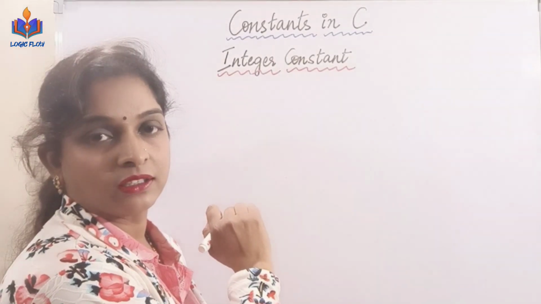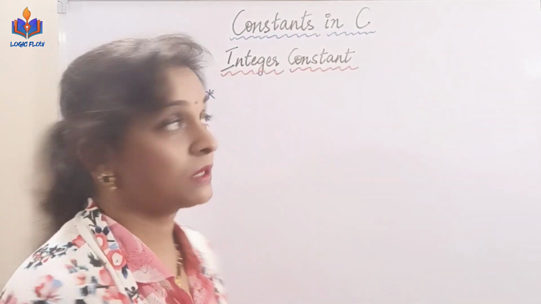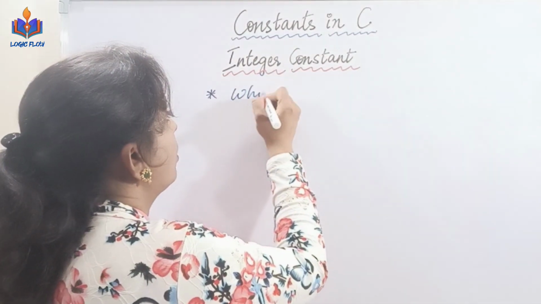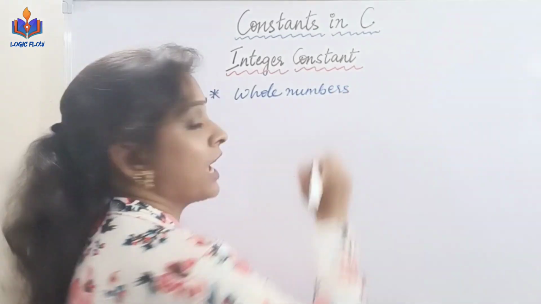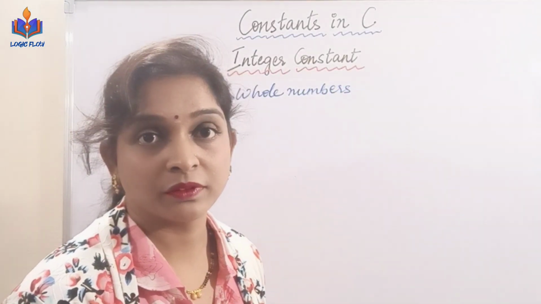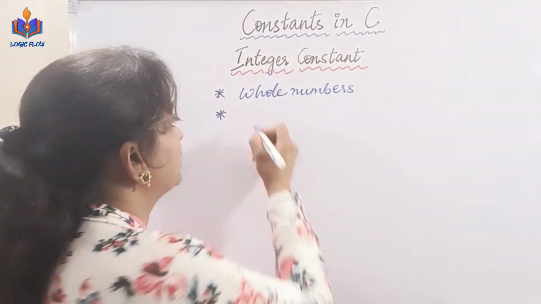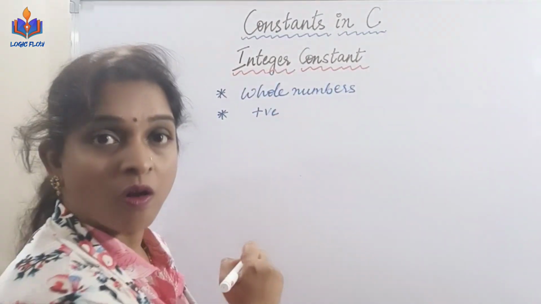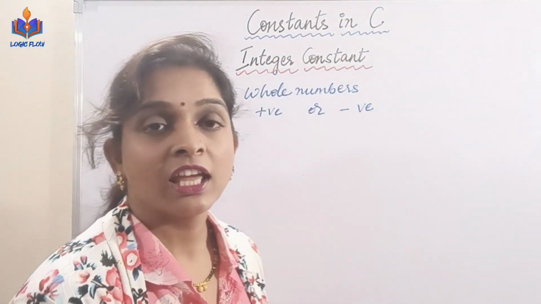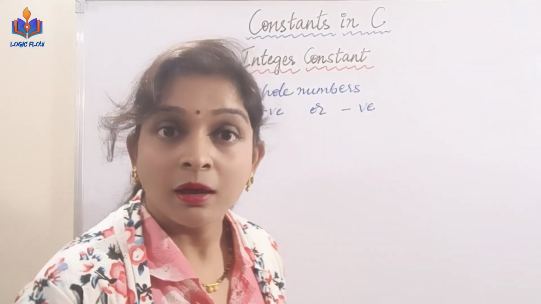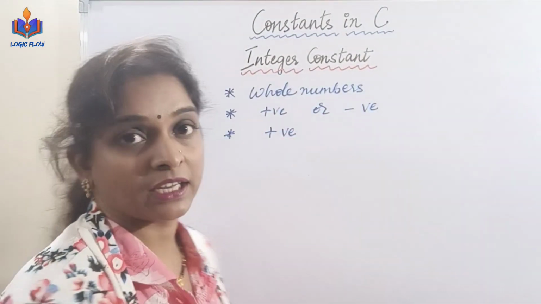Integer constant. Integer constants are whole numbers, which don't have a fractional part. They are a sequence of digits which can start with a positive sign or with a negative sign. If there is no sign, then by default it is considered as a positive sign.